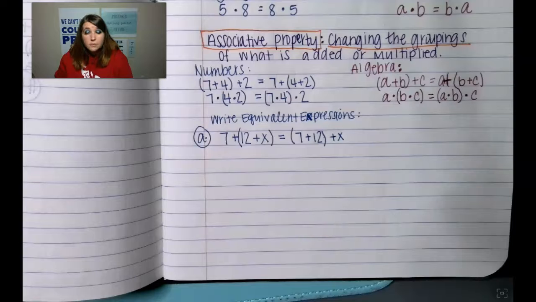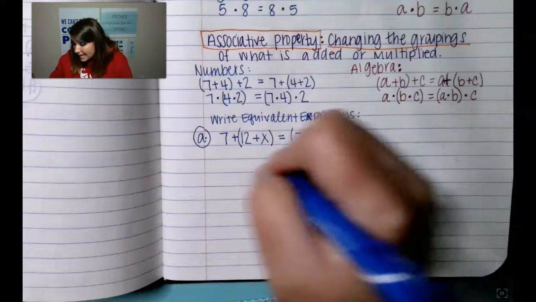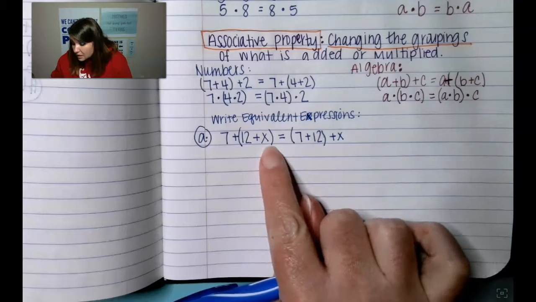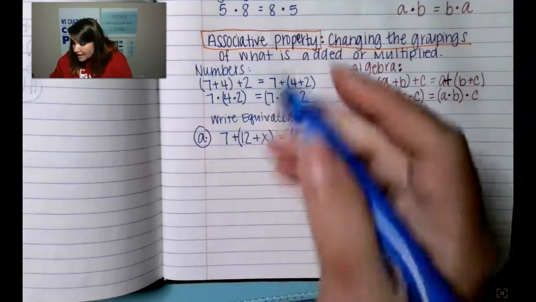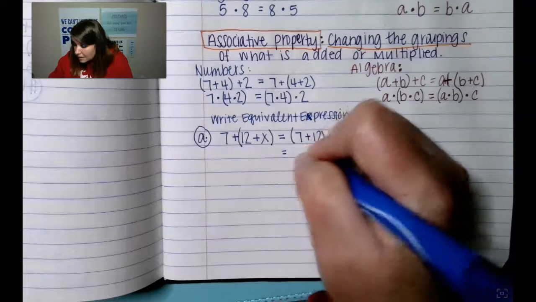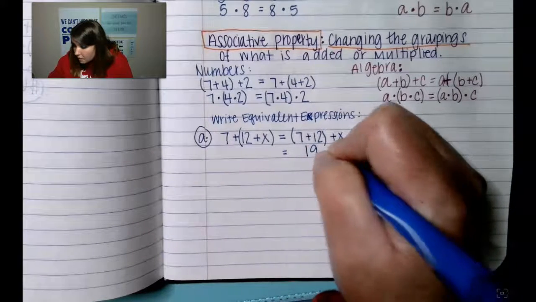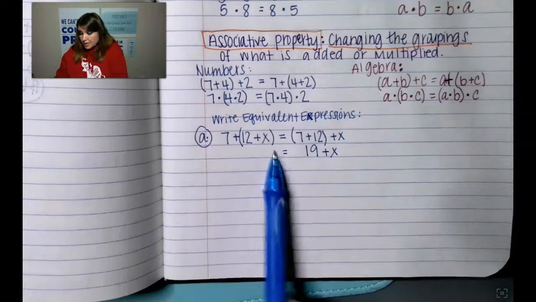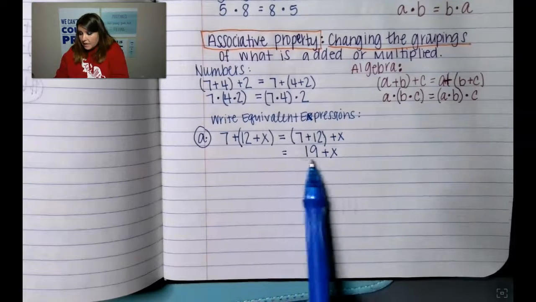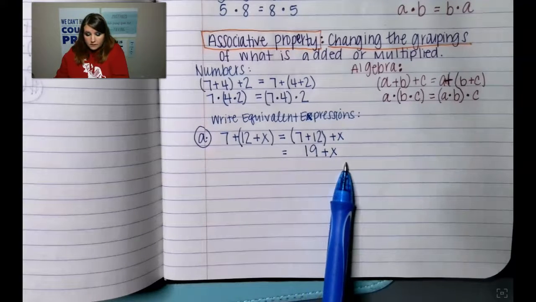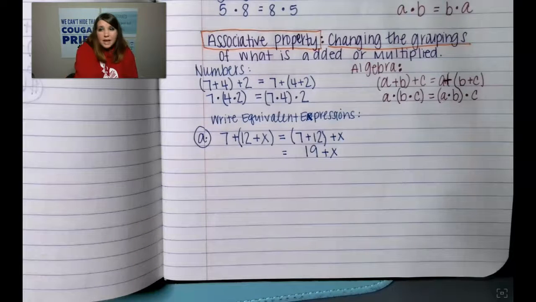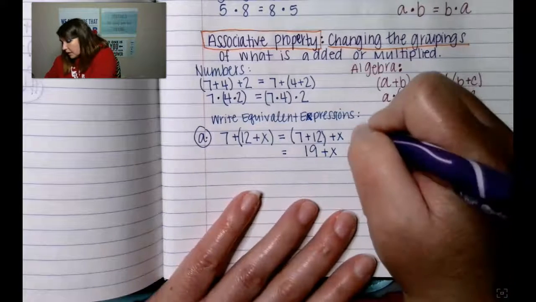Well, 7 plus 12 is 19. So I can say that this expression, 7 plus 12 plus X, is the same as 19 plus X. This expression is the same as this expression. All I've done is simplified it down. So I used the associative property.